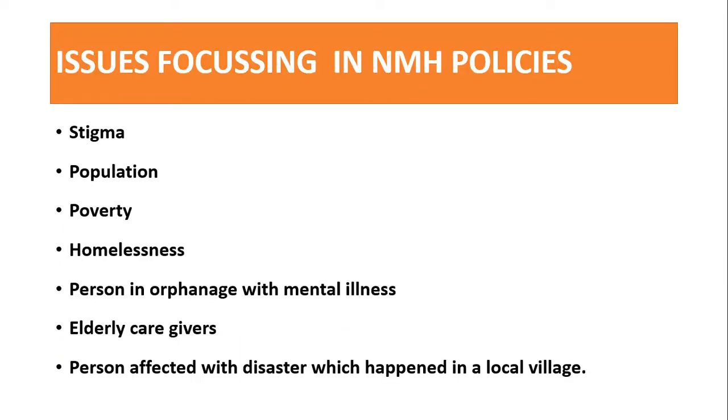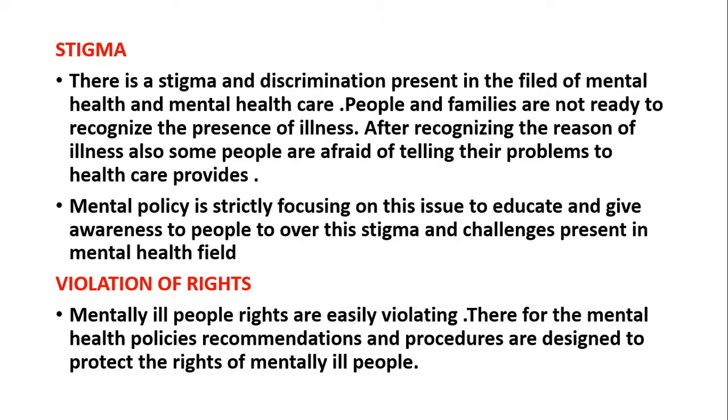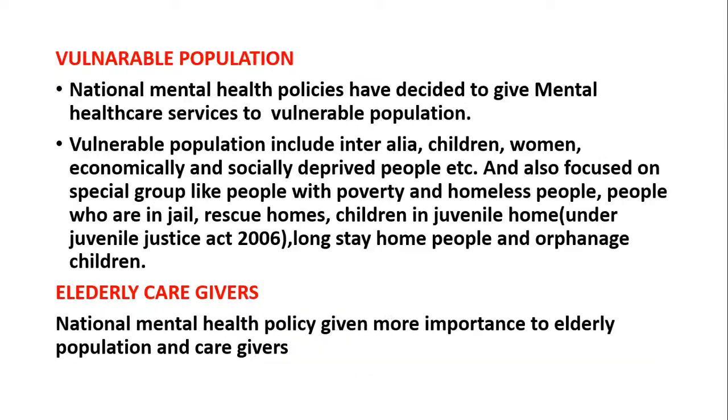The issues in focus in the national mental health policy are stigma, poverty, homelessness, persons in orphanages with mental illness, elderly caregivers, and persons affected by disasters and emergencies. Stigma is present in the mental health field; find the stigma and solve it. Violation of rights: mentally ill people's rights are easily violated, so the policy gives more importance to protecting their rights.